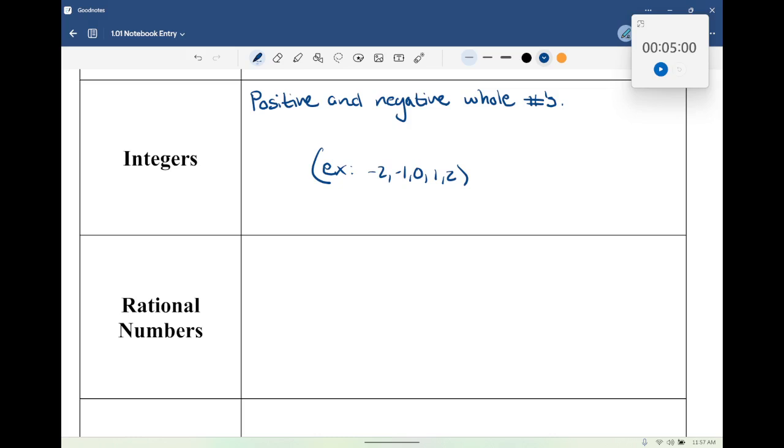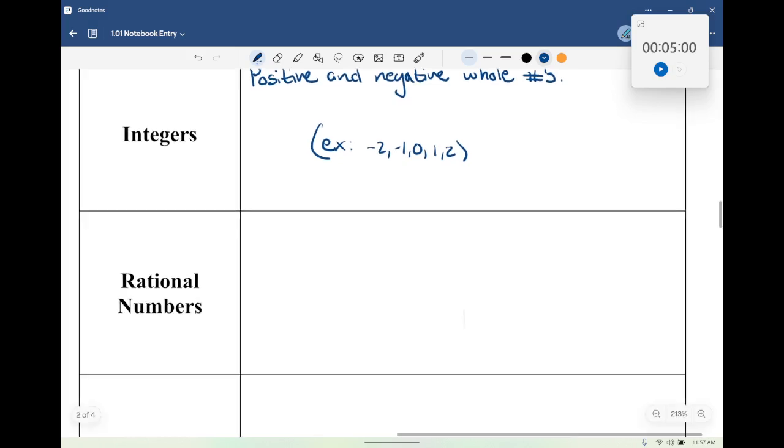And so now we have rational numbers. Now, rational number gets into a more specific definition here. And so integers, awesome, easy, clean, positive and negative whole numbers.